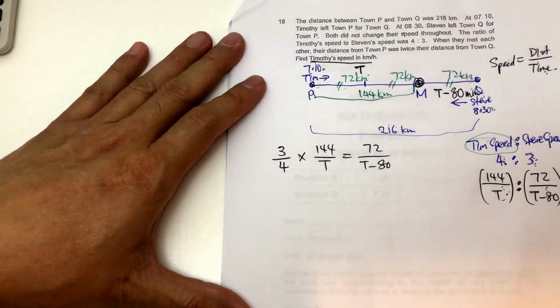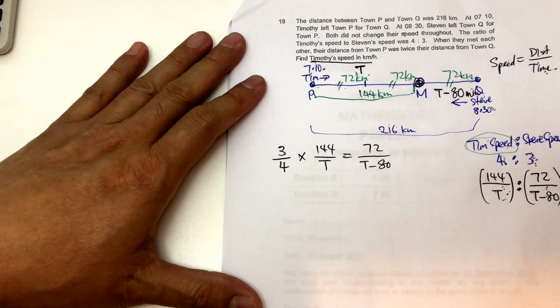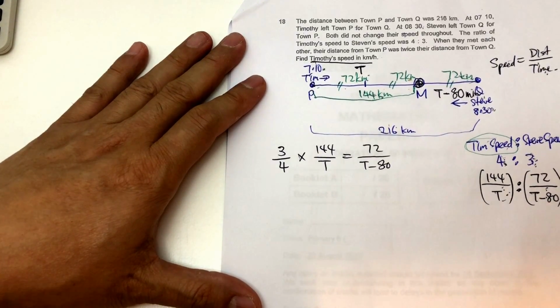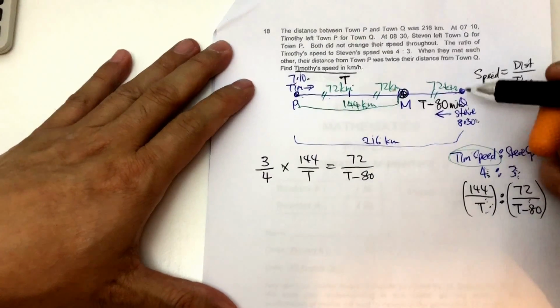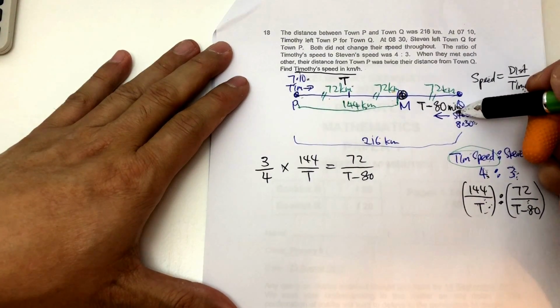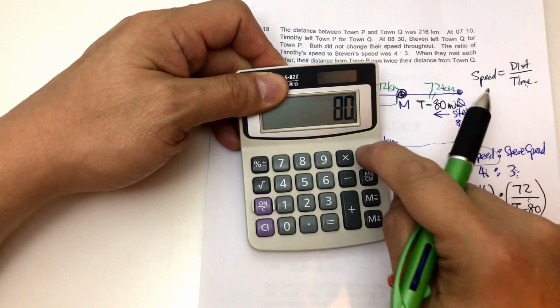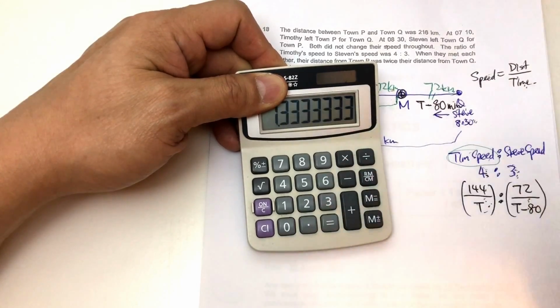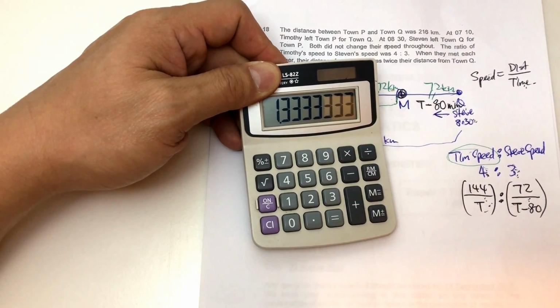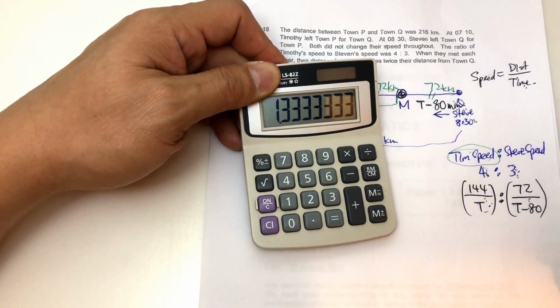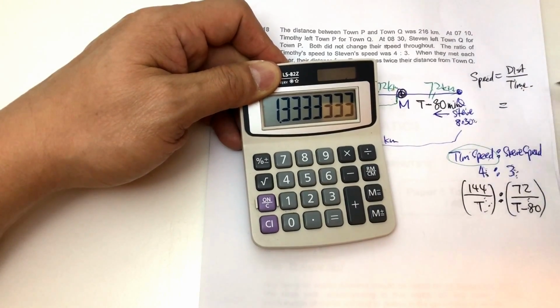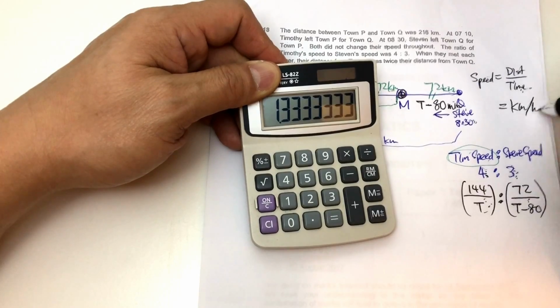Now, what I want to do here is, instead of using 80 minutes, I want to use hours. 80 minutes is 80 divided by 60, which is 1.33 hours. So I'm going to convert it because I want to find the answer in terms of kilometers per hour.